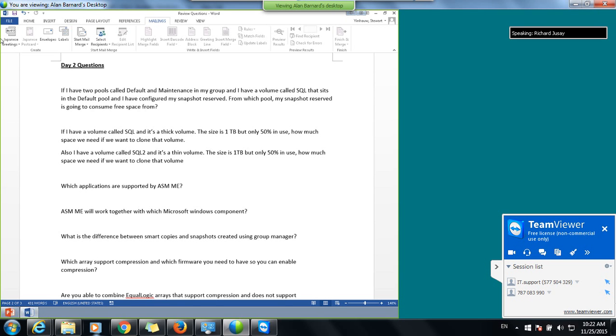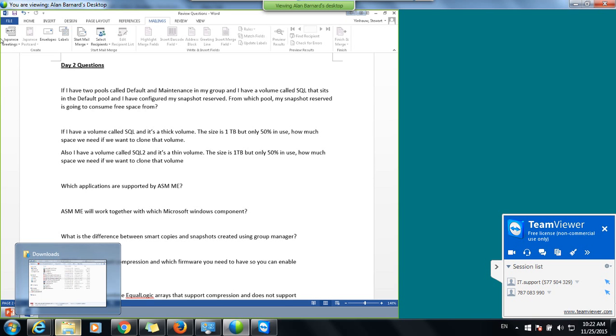Please quiesce the database so I can talk to EqualLogic so EqualLogic can take the snapshots. So ASM/ME is useful so you can have crash consistent and application aware snapshots. That's the purpose of ASM/ME actually.